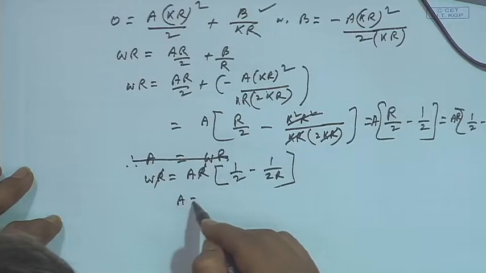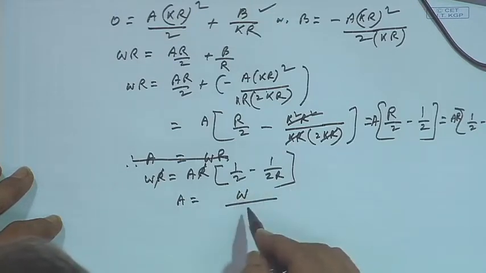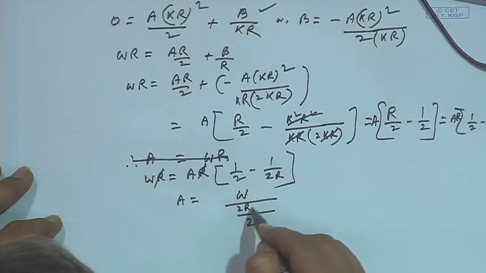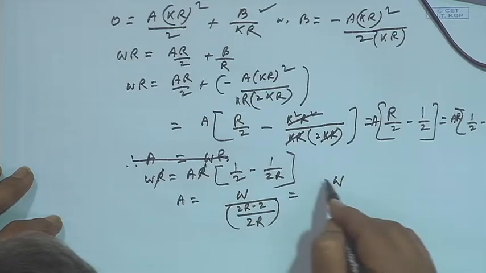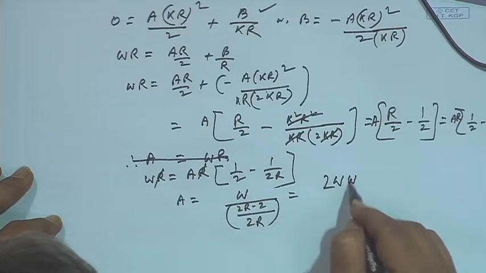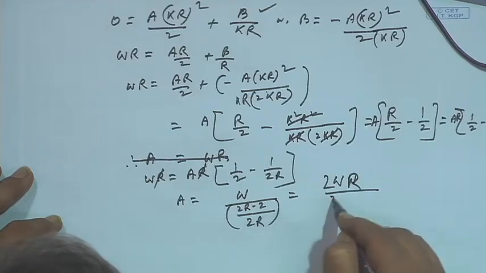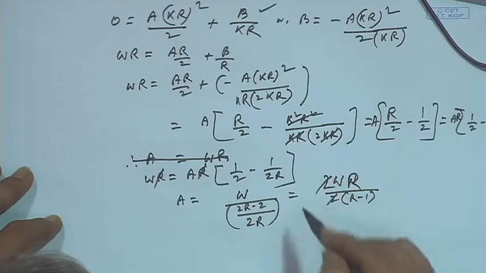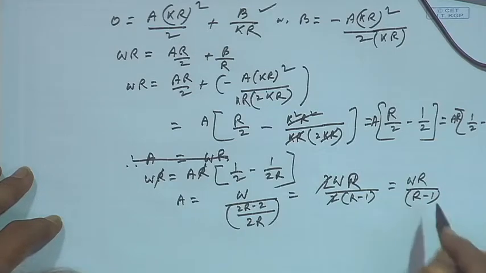So, A is equal to omega by 2 r, and here it is 2 r minus 2, which is equal to 2 omega R divided by 2 r minus 1. So, this goes out, it is omega R by r minus 1.